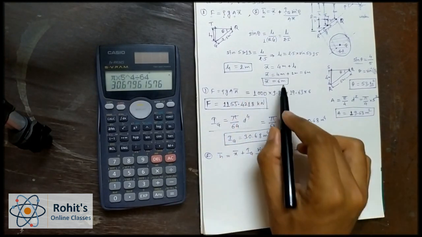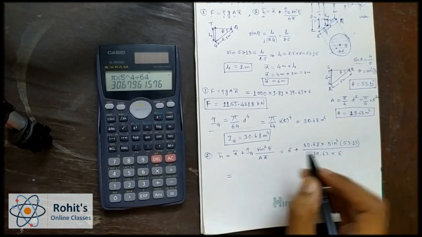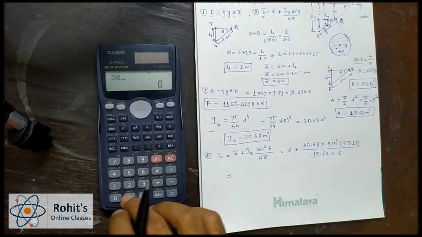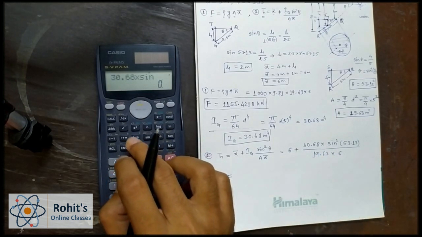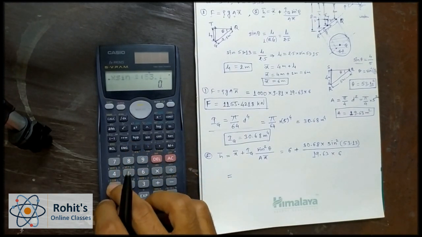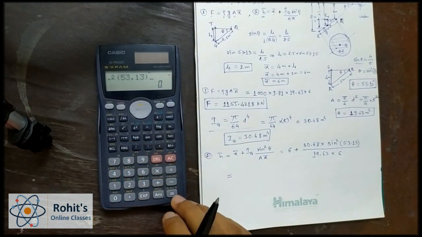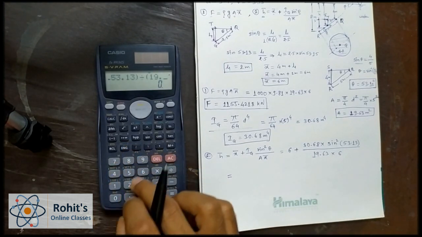I will first find out this value: 30.68 multiplied by sine square of 53.13, divided by, and I have to put a bracket because there are two terms in the denominator.